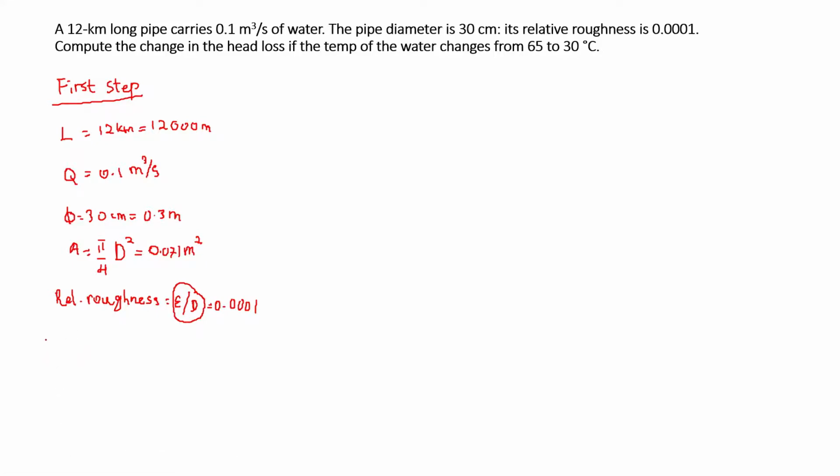What else is given? Okay, so the question wants us to find head loss if the water temperature changes from 65 to 30 degrees Celsius. Of course, in both cases, head loss occurs. But now we want to find the change of head loss.